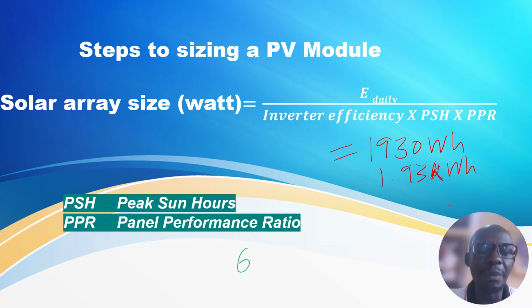So we rate it that a panel can at least supply 65% of its rated power. That's what we mean by panel performance ratio. And why can the panel not supply up to 100%? It's due to, one, temperature. Temperature is part of it.